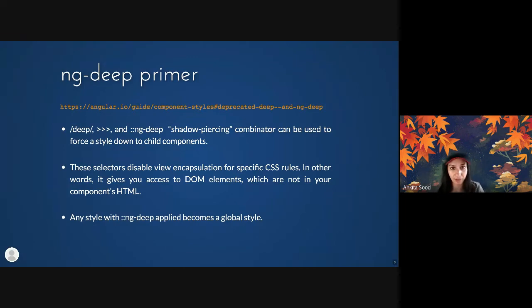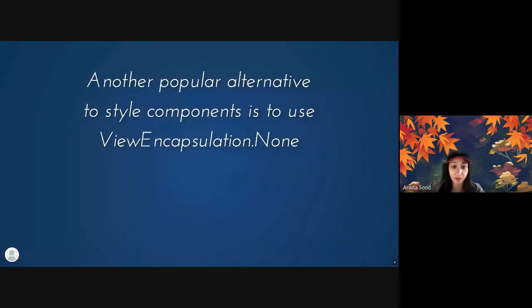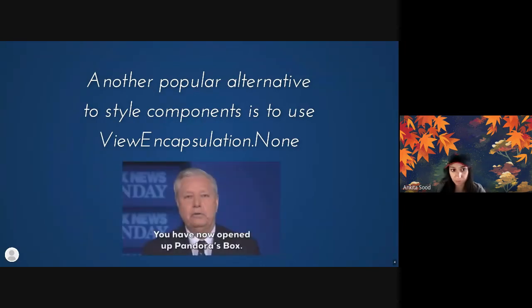One thing to understand here is that any style that you apply with ngDeep becomes a global style. If you don't have it wrapped inside :host, it will get applied to all the CSS selectors that qualify, unless you apply it to :host and then encapsulation happens. The other popular approach is that people just turn off the encapsulation, and so your styles become global.